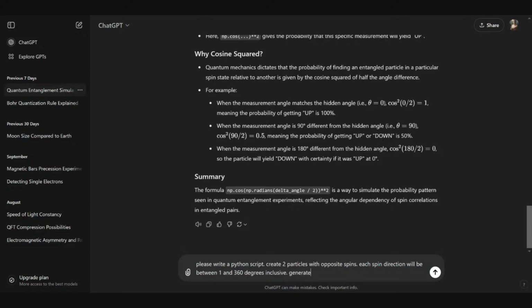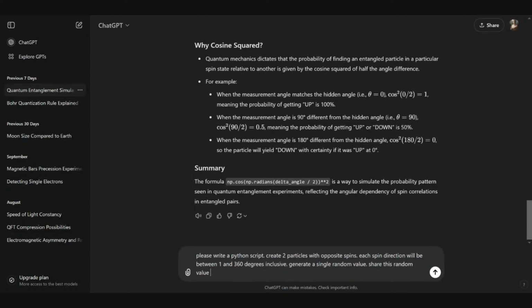Generate a single random value. Share this random value between both particles.